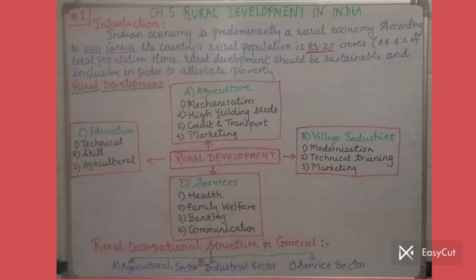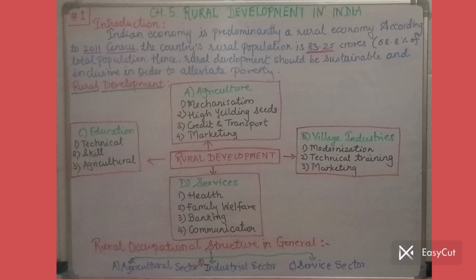The nationalized banking system should be developed so that the rural population gets credit at cheap rates of interest, and it would benefit them. Then fourth one, communication facilities, such as good internet facilities and better telephone network. So this was the service sector.